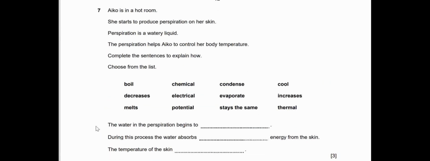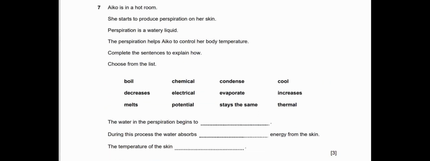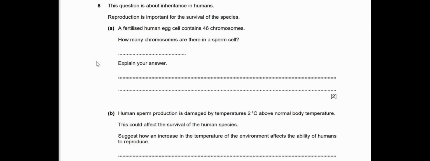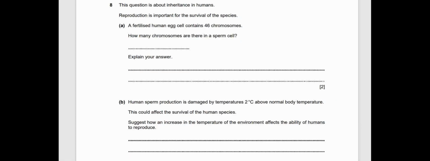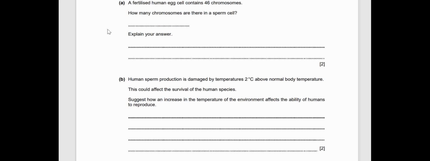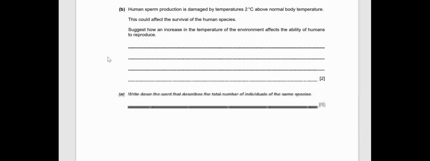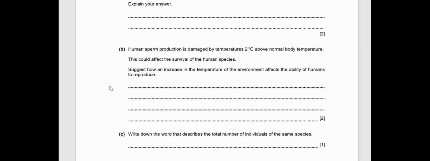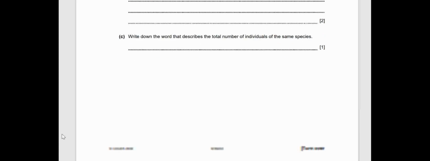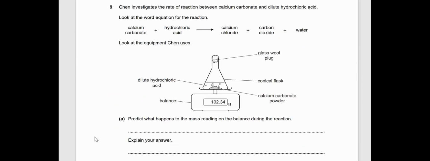And we'll move on to question number 7. Question number 8, part A and B, and 8C.